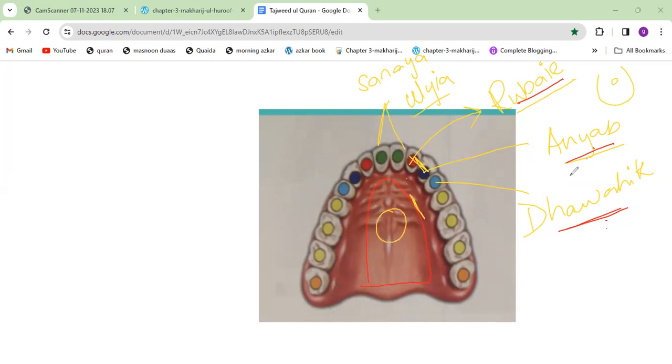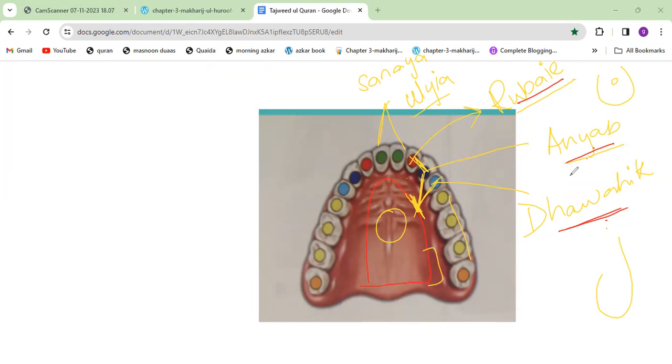Okay, this is the middle, and we have to use this part, and we have to connect it with our first incisor and the last teeth, and then we are going to pronounce the letter lam. Connect the side of your tongue with the next two teeth, not the ones that are present in three pairs. They are going to be closer towards the back part of your tongue. Okay, the last teeth and the first incisor.